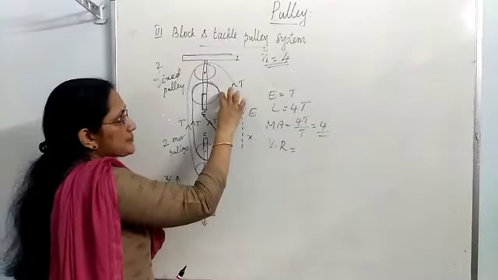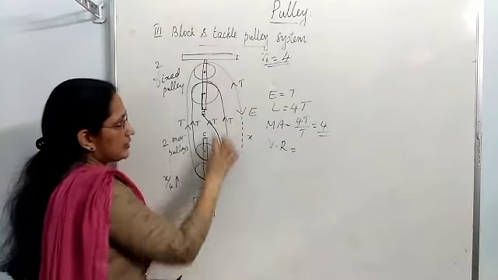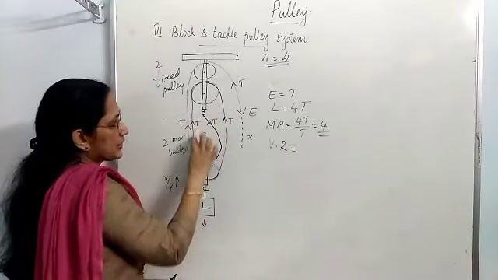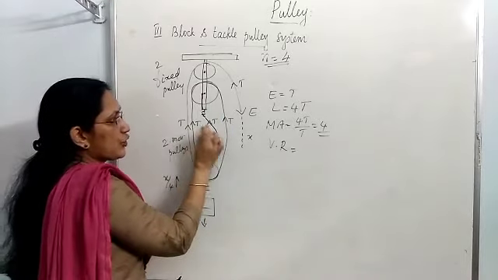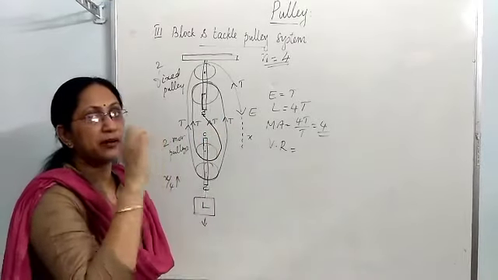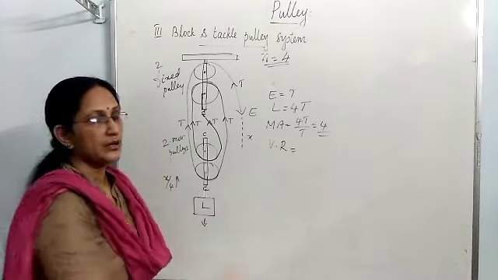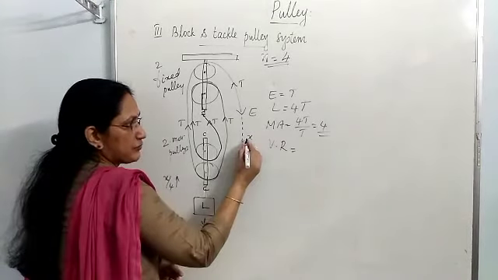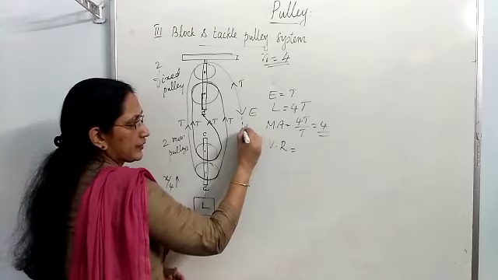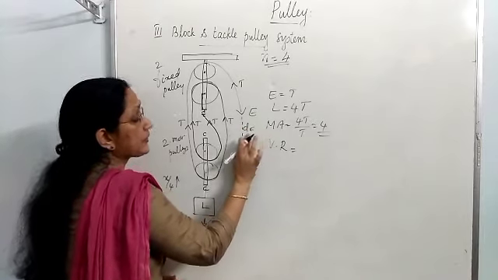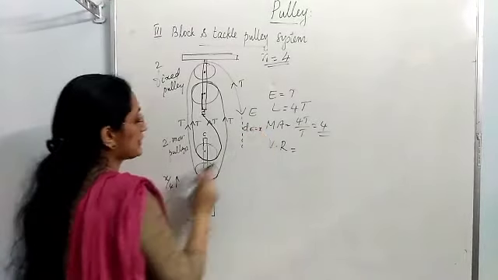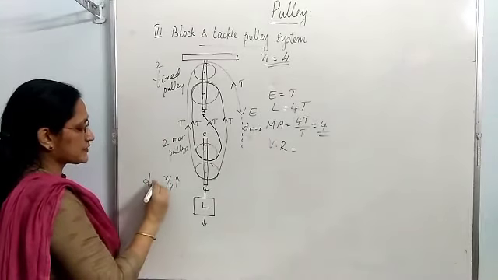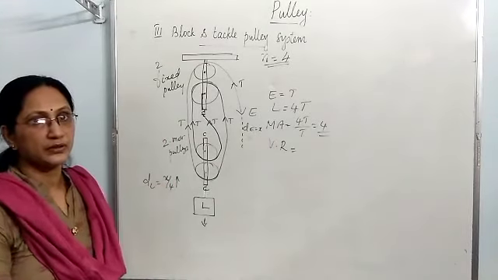Then each rope segment, 1, 2, 3, 4, will get shortened by 10 centimeter. Means displacement of effort, how much is the displacement of effort? It's 1/4 only will be the displacement of load.